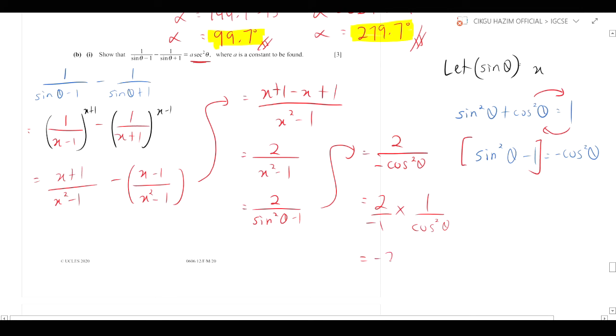So here becomes negative 2, and 1 over cos squared becomes secant squared theta. The question asks for the value of a. From here we understand that the value of a must be equal to -2, the value in front. If you do understand, then let's continue to the next question.